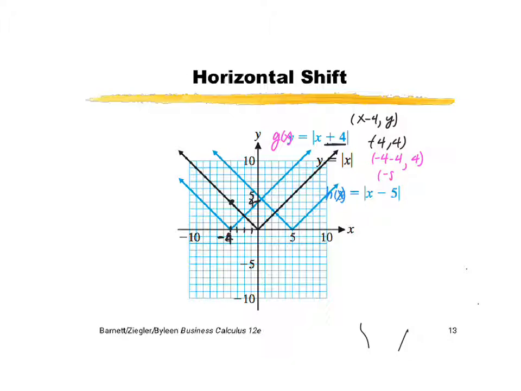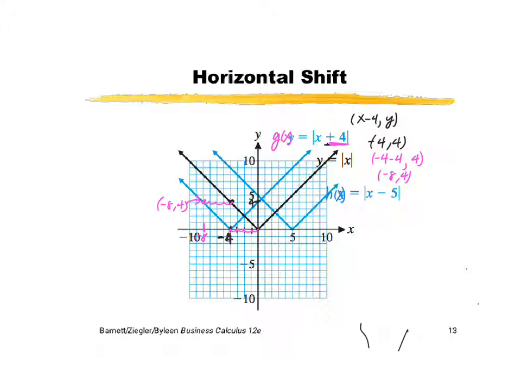So that will become negative 8, 4. Okay, and so notice that the graph plus 4 did shift left 1, 2, 3, 4 units, and also the point negative 4, 4 shifted left 4 units as well. Okay, and this gives us our point negative 8, 4.